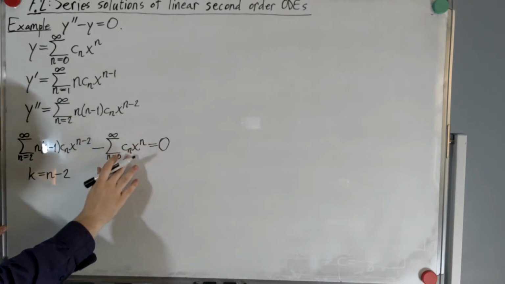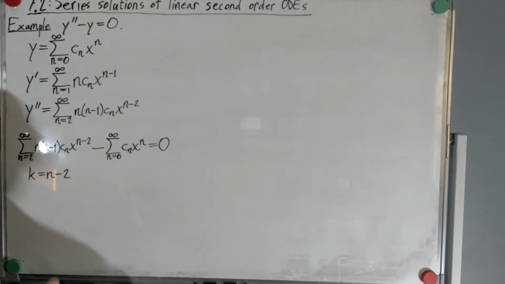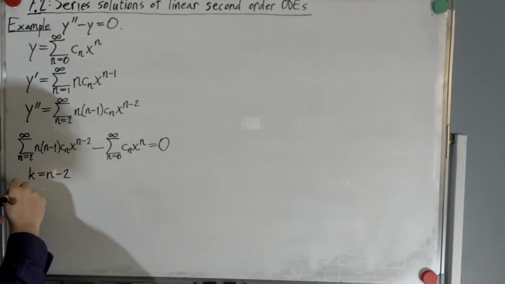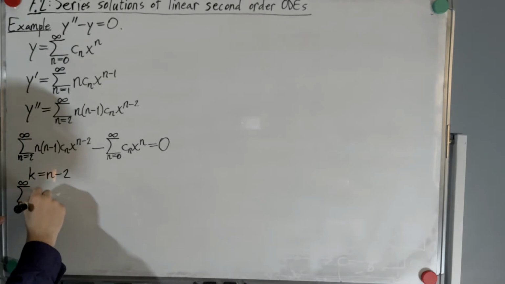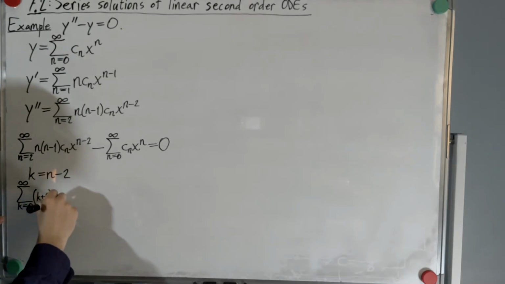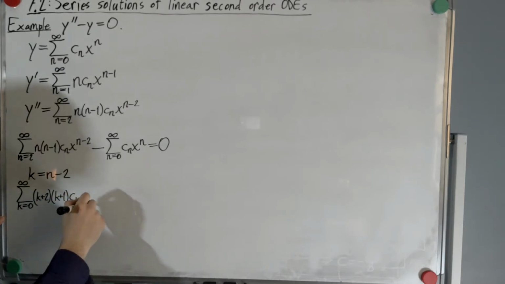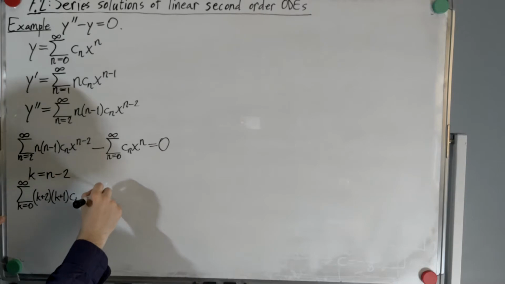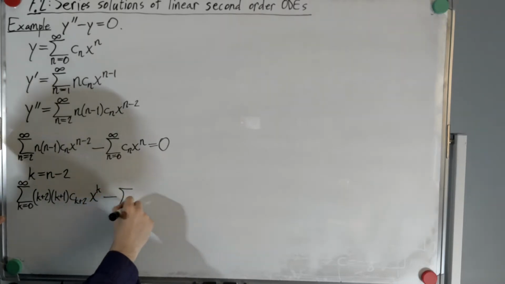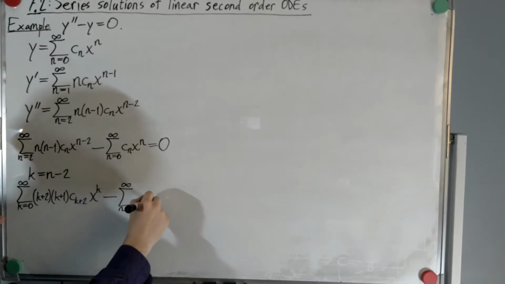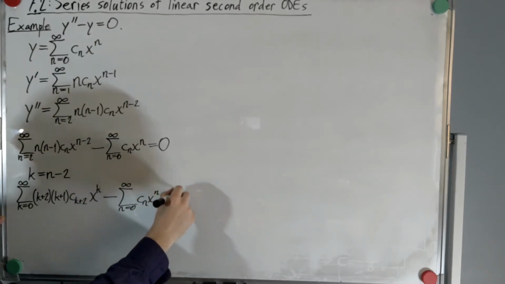The one on the right, I'm going to leave alone. So k equals n minus 2. In that case, this becomes sum from k equals 0 to infinity, (k plus 2)(k plus 1) c(k plus 2) x to the k. And then we still have the sum from n equals 0 to infinity, cn x to the n, and this is still equal to 0.